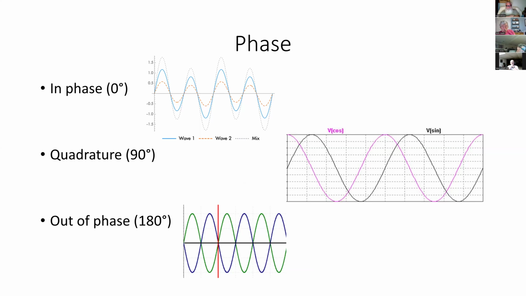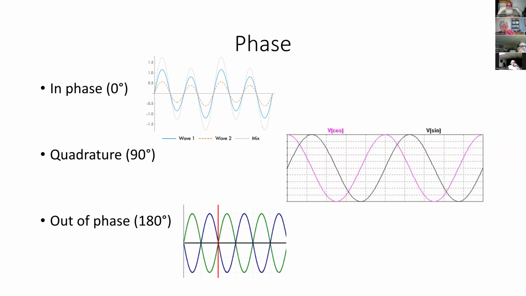If two signals are out of phase, as in the bottom trace, you can see that the zero crossings are the same, and the peaks occur at the same points, but the traces are going in opposite directions, and the peaks are at opposite amplitudes. And so signals that are out of phase tend to cancel out.